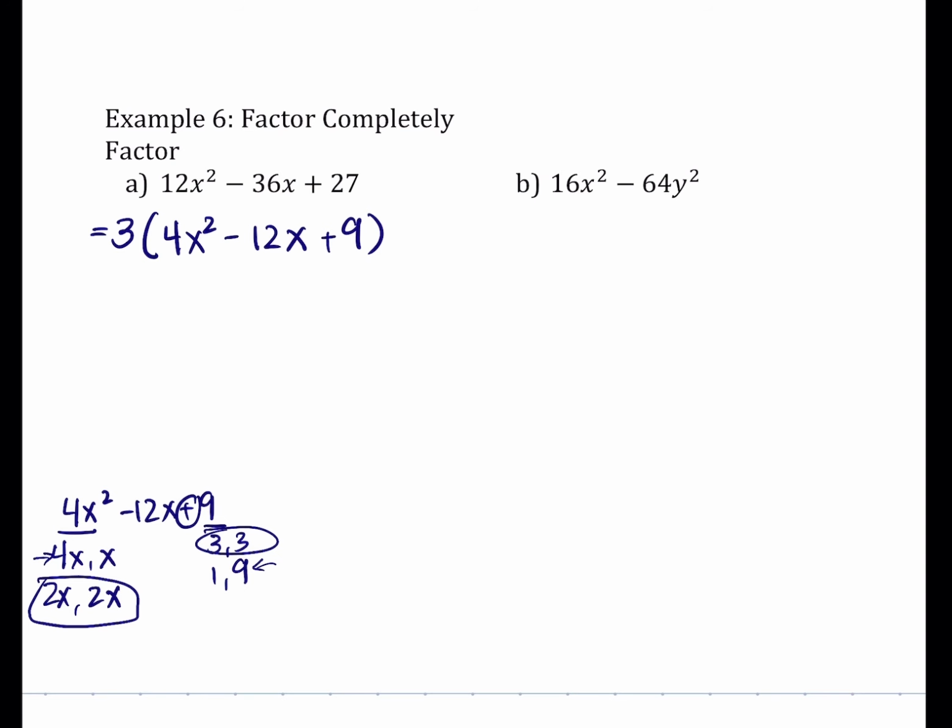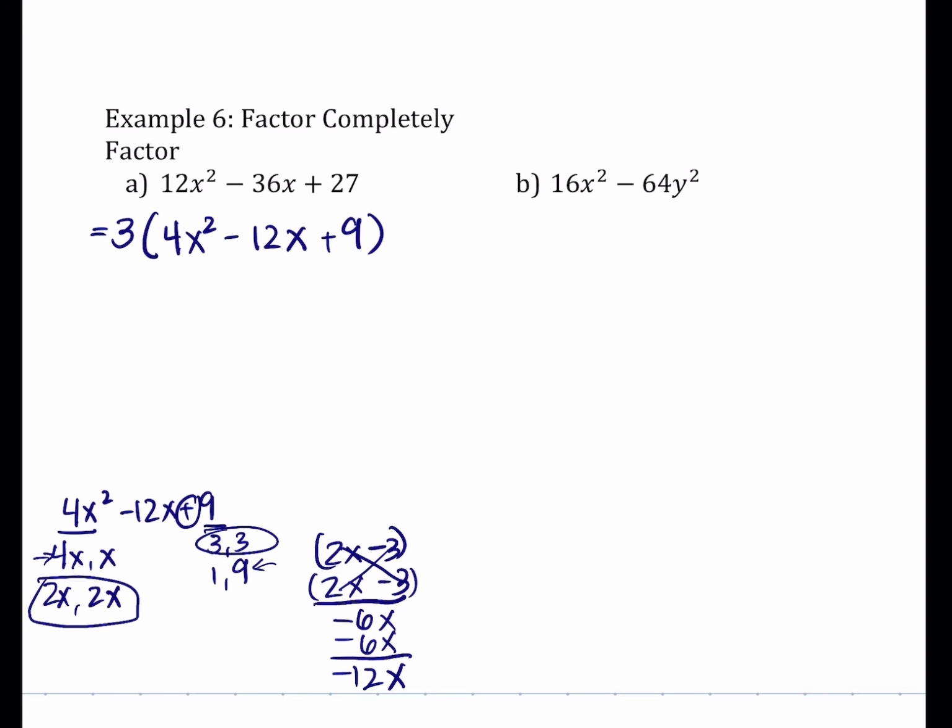So I know they're both going to have the same sign. They're both going to be negative. So I'm going to try this. 2x minus 3, 2x minus 3. And when I cross multiply this, I have negative 6x, negative 6x, which comes out to negative 12x when combined, which is the same as my middle term, so that actually is the correct factorization.